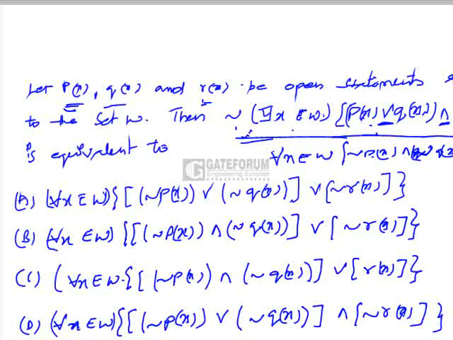Here and will become or, and R of x will become negation of R of x. So from the given options, option B is the correct option.